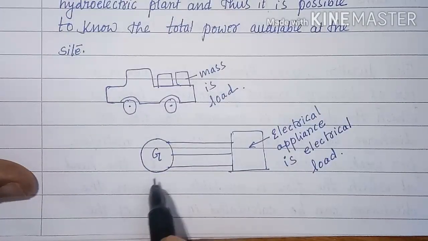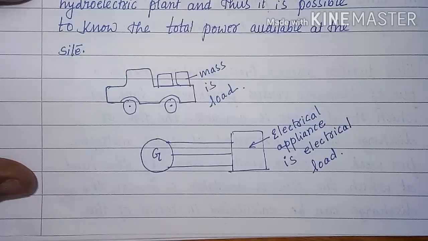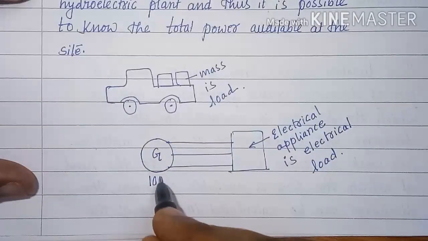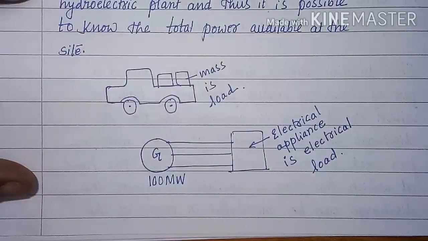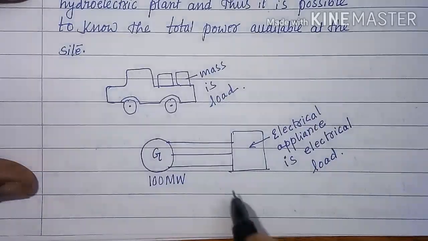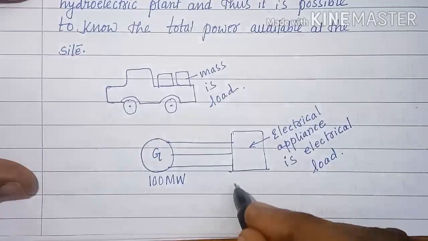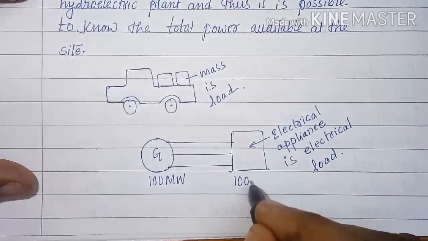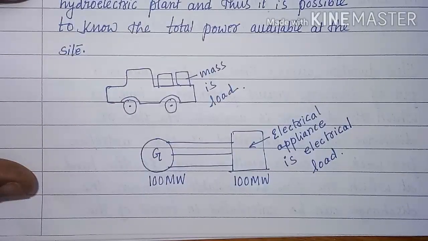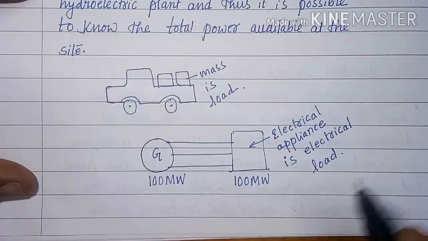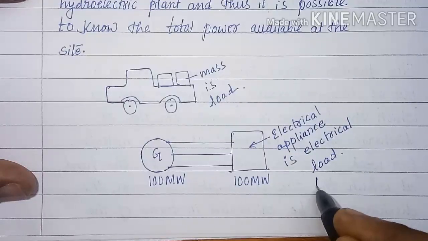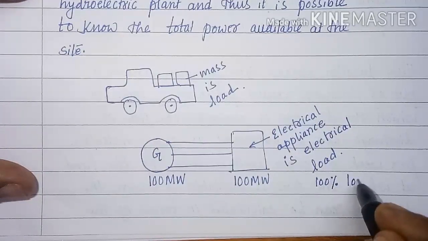Say for example, this generator is capable of generating a power of 100 megawatt, and if I connect here a load of 100 megawatt, then we say that generator is loaded to 100%. 100% loading we said.